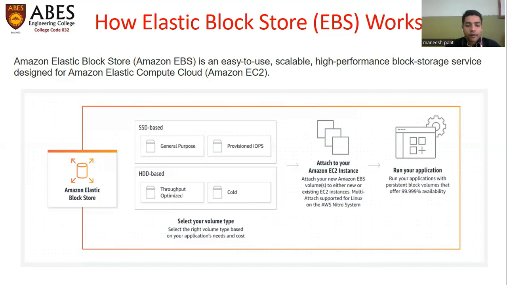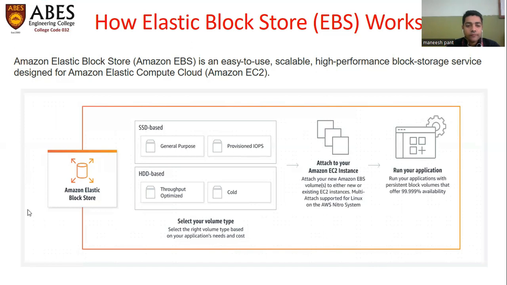Second is HDD based. If we require a higher amount of throughput, then we will use HDD based. So we will select the type of EBS volume according to our need, and then we will attach it to our EC2 instance, and then we can run our application.